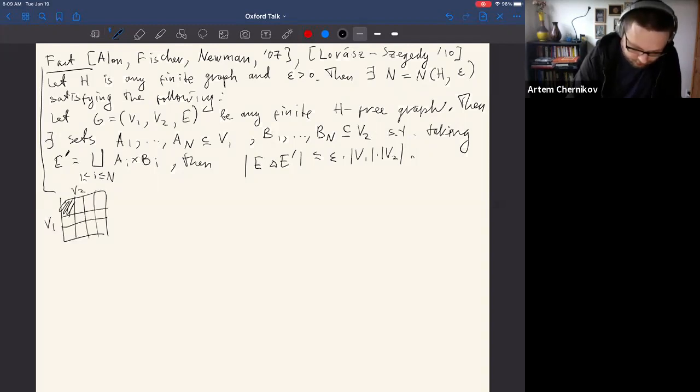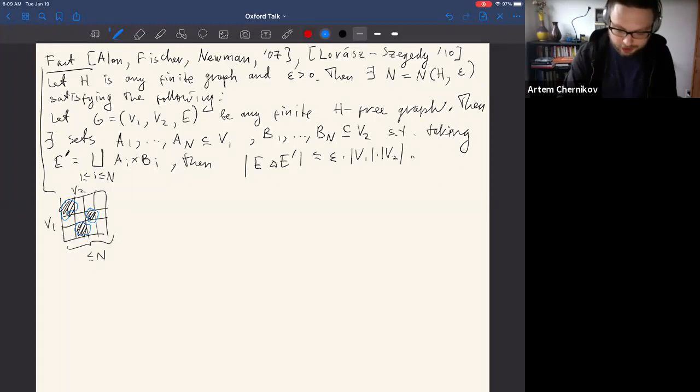It means that we can pick some boxes where the number of boxes is always bounded by n. Not the boxes, sorry, the number of the sides of boxes is bounded by n, such that the graph is approximately given by the union of boxes. So some points maybe are missing, some additional points are present, but approximately it's the union of these boxes. Okay.